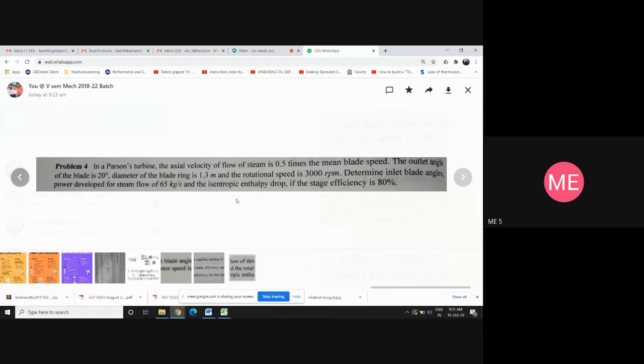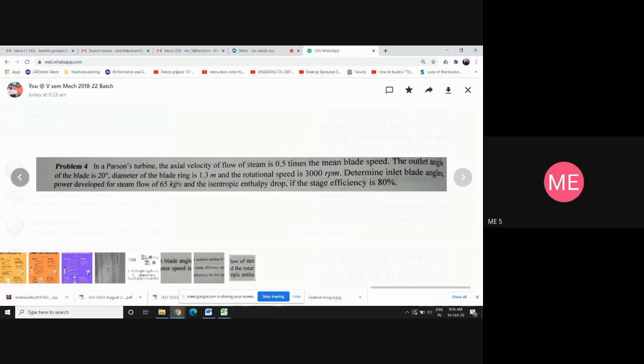The isentropic enthalpy drop, also called the theoretical enthalpy drop, is equal to W divided by stage efficiency, in kilojoules per kg.